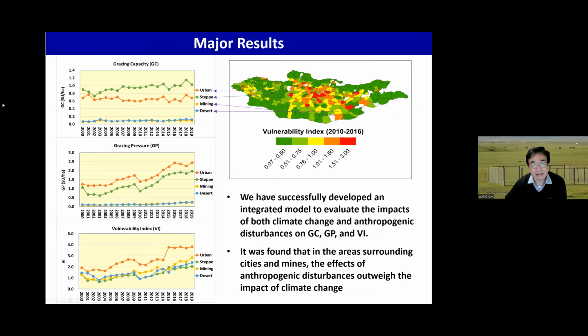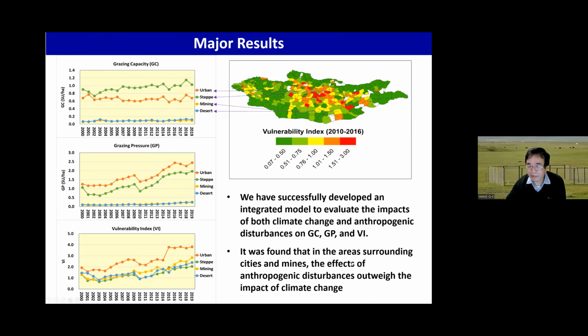So we use these data sets to get the vulnerability index of whole countries. We can get a conclusion that we have successfully developed a model to evaluate the green capacity and the vulnerabilities.